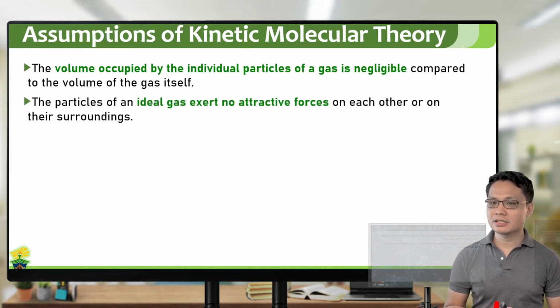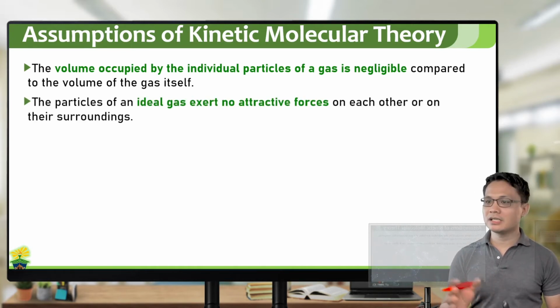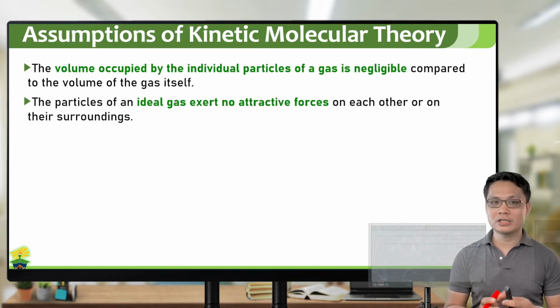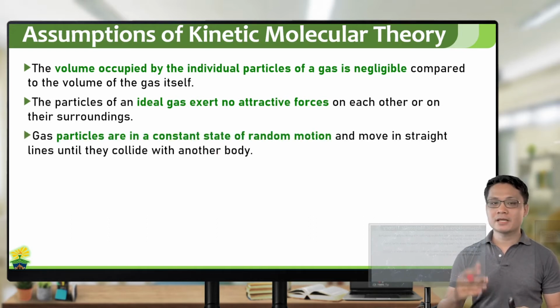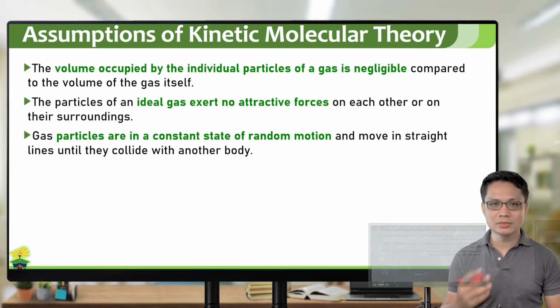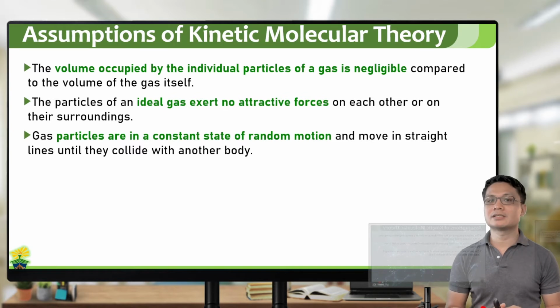Second assumption is that the particles of an ideal gas exert no force, attractive or repulsive, on each other or its surroundings. The third assumption is that gas particles are in constant randomized motion and move in a straight line until they collide with another body or particle within the enclosed container.